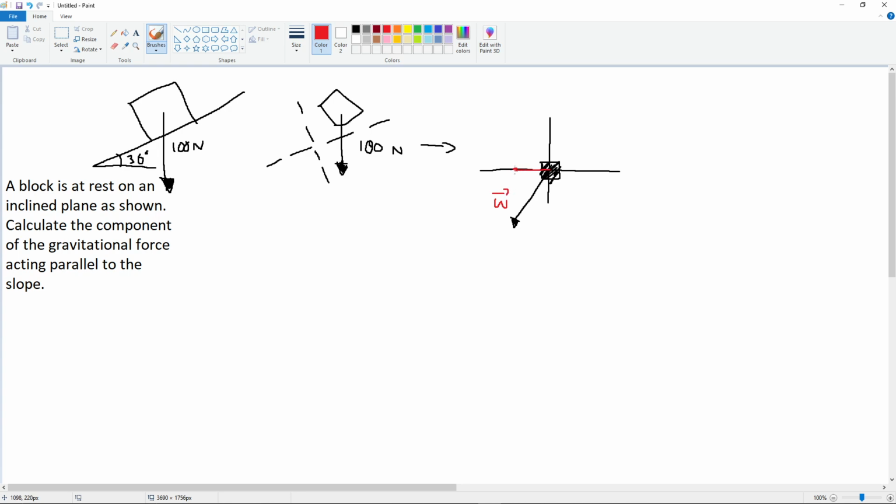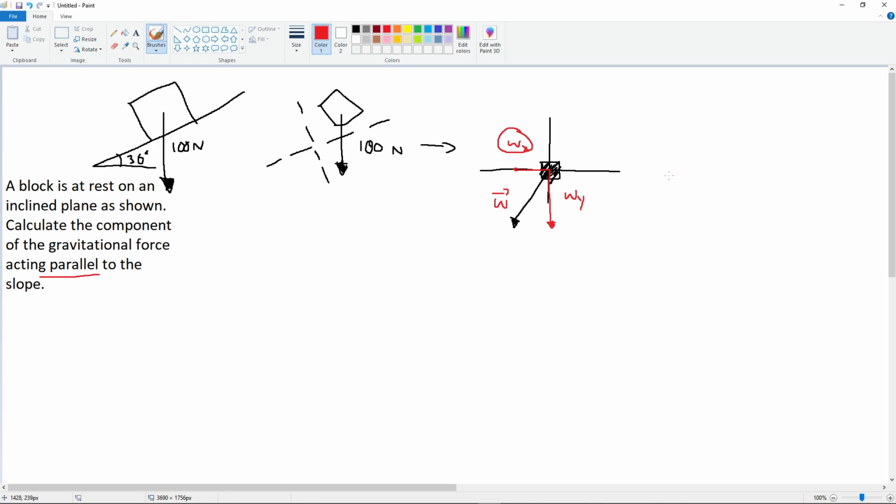See here, break it into a horizontal and a vertical vector. I'll label this WY. W is a shorthand for weight, and WX is our horizontal component. It wants us to calculate the component parallel to the slope, so we will be looking for the horizontal, or our x component here.